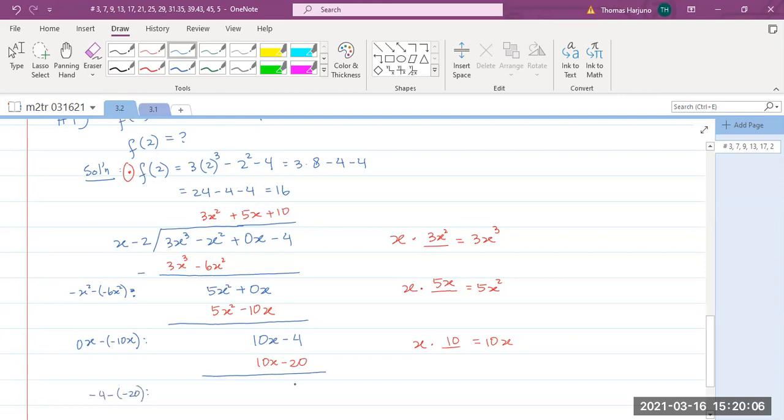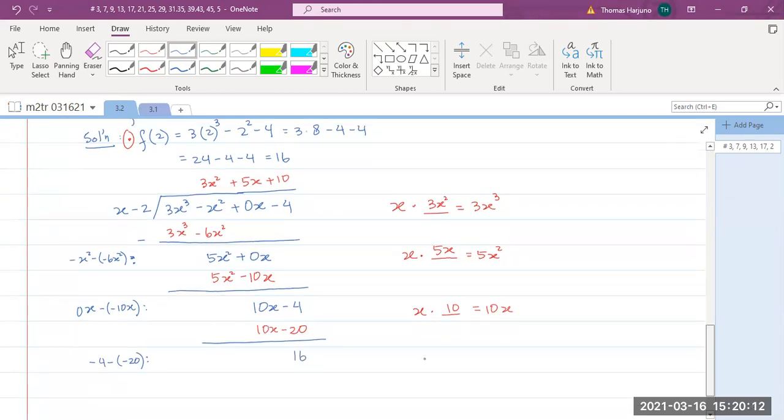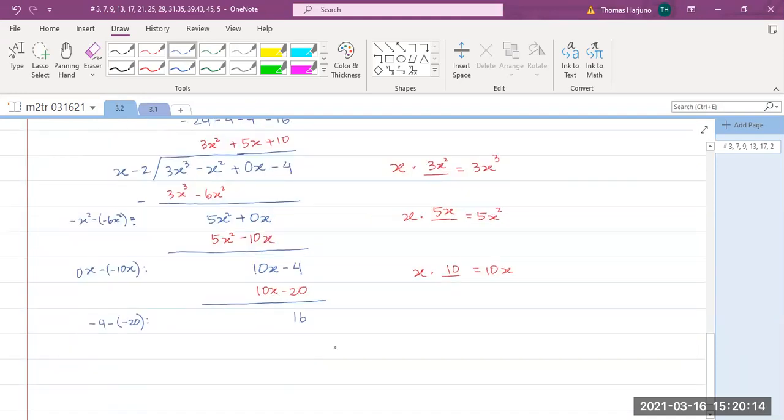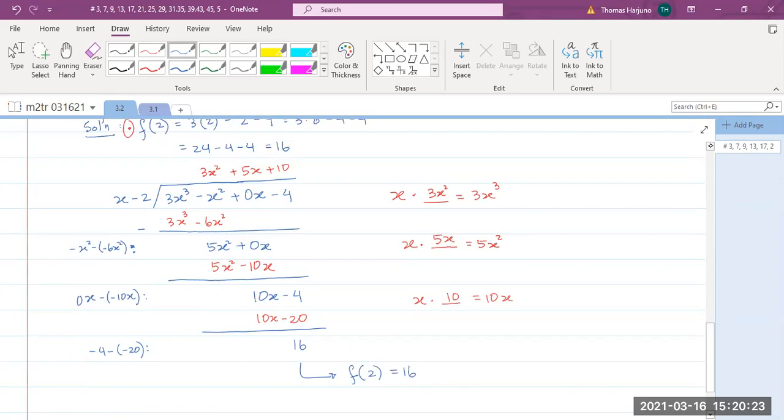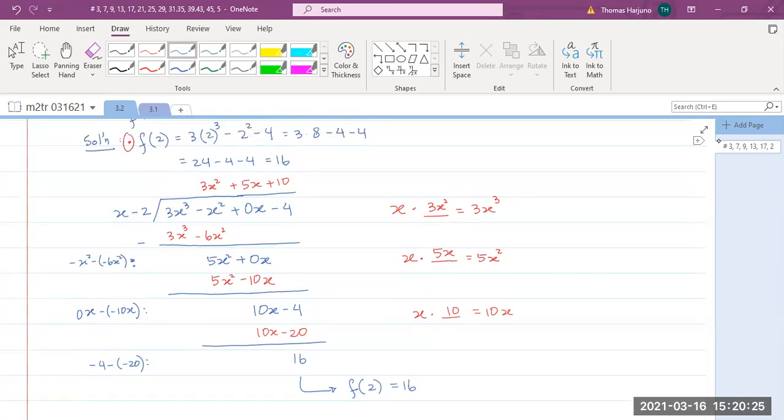That's 16. Now that's the remainder. So from there we say that F2 equals 16. Oh, Thomas, that's a long way to compute F2. I will just use the original method.